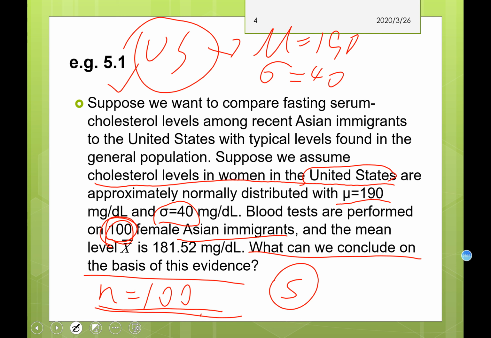There is only one sample in this question. And we know that X bar, the sample mean of the sample, is 181.52. So there is a single sample and a given population in the question. So that must be a one sample test. One sample test.